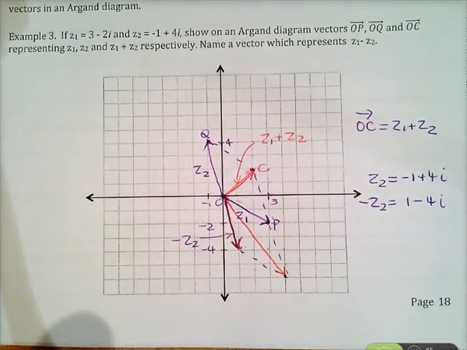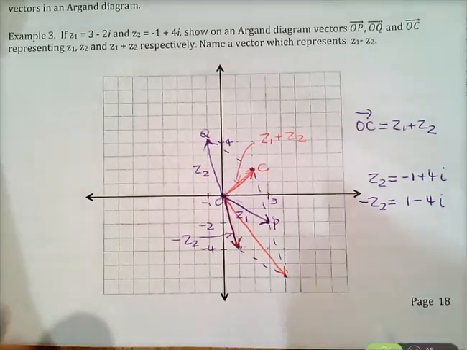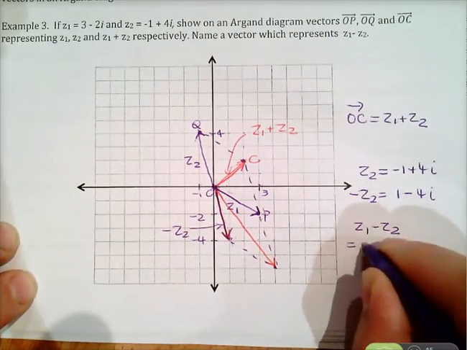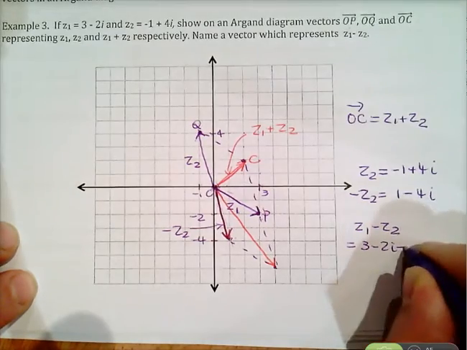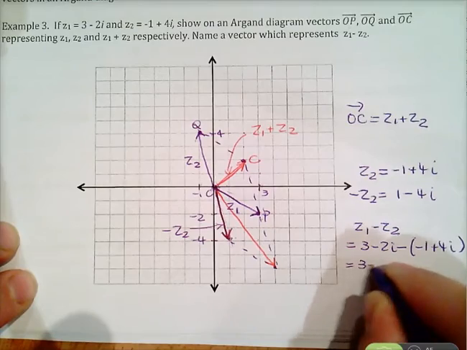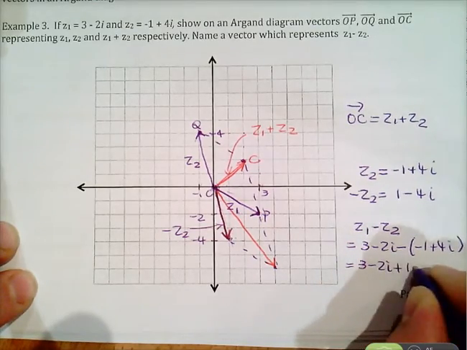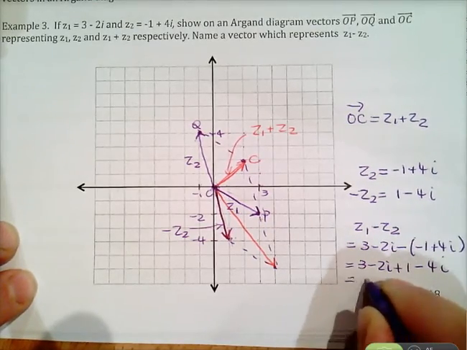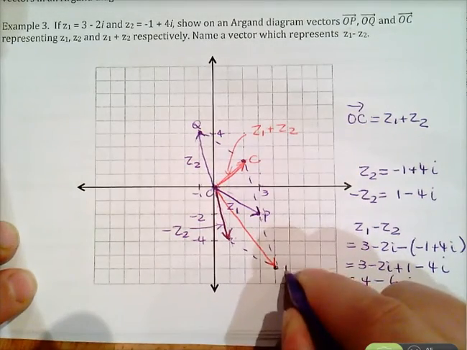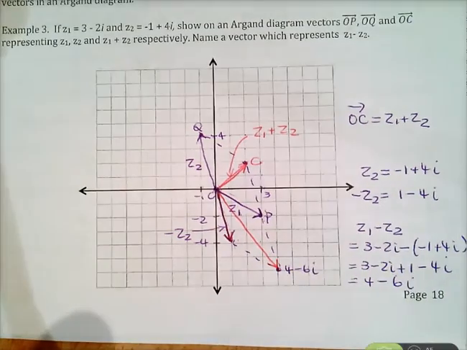Now, if I do Z1 minus Z2, I've got 3 minus 2i minus negative 1 plus 4i, which is 3 minus 2i plus 1 minus 4i, which is 4 minus 6i, and that is where I have ended up here, 4 minus 6i, okay?